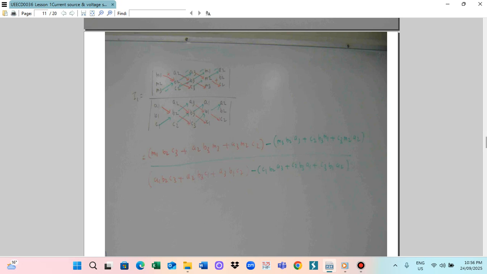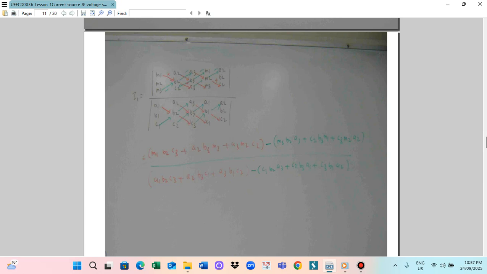This is the whole thing positive. And then you put a negative, with the bracket: N3, B2, A3 plus C2, B3, N1 plus C3, N2, A2.